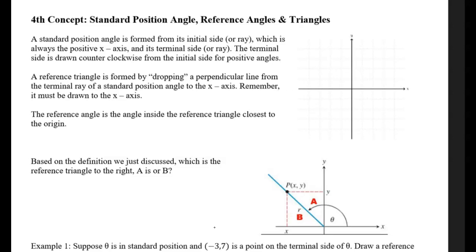All right. So this is called the standard position angle. What you need to know is that anytime it gives you an angle, so let's draw an angle, let's say this angle is 120 degrees.